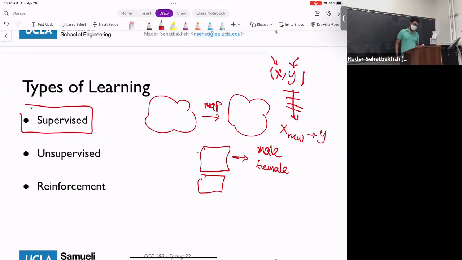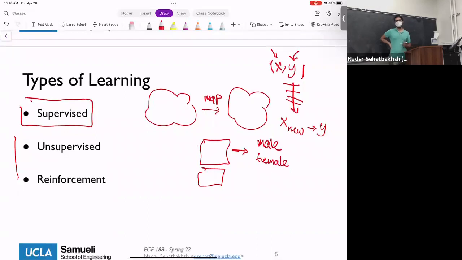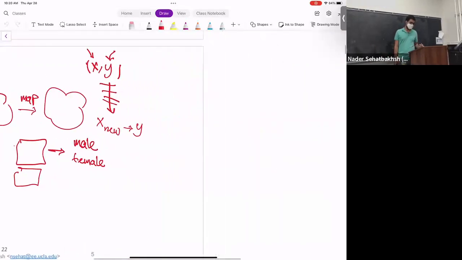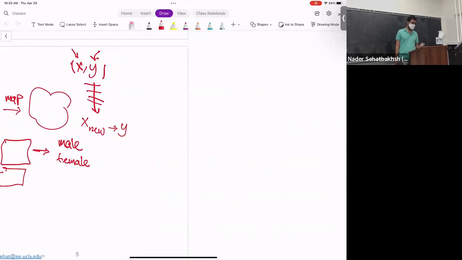We're actually going to talk more about supervised learning. There are two other classes of learning as well, which are unsupervised and reinforcement. Unsupervised is basically when you're talking about some characteristics of the system, not necessarily mapping. For example, clustering is one of the biggest use cases of unsupervised learning. Let's say you have a bunch of different data scattered around your field.